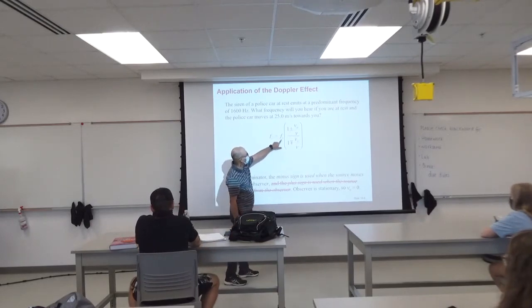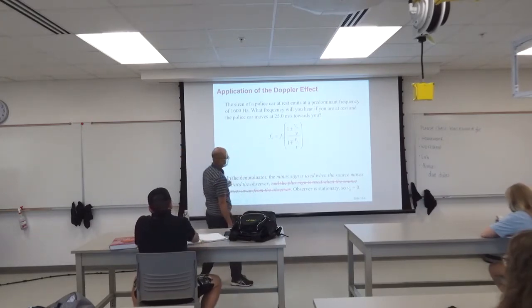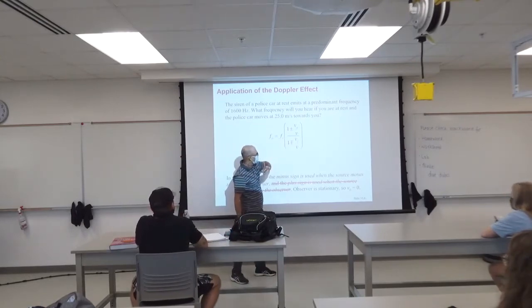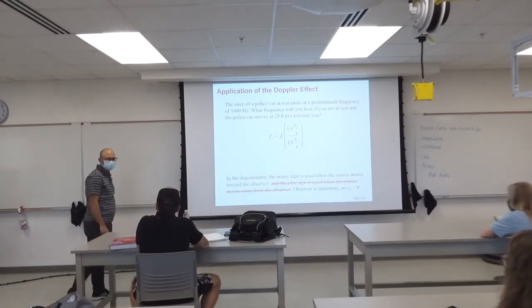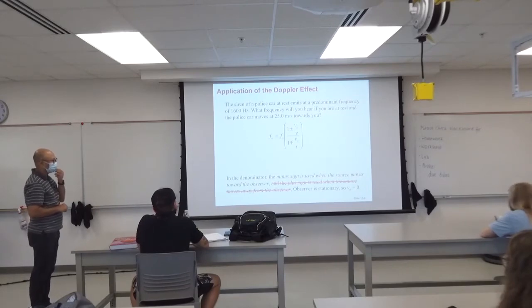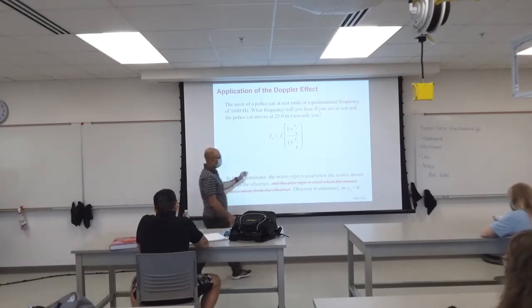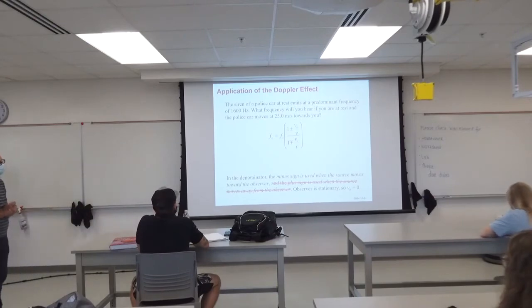Frequency of source is 1600. Speed of the source is 25 meters per second, which is Vs. Now what is V? Do you remember what V is? 343. Yes, at normal temperature, 20 degrees Celsius, the speed of sound is 343 meters per second. I want you to try this one and see what you get.